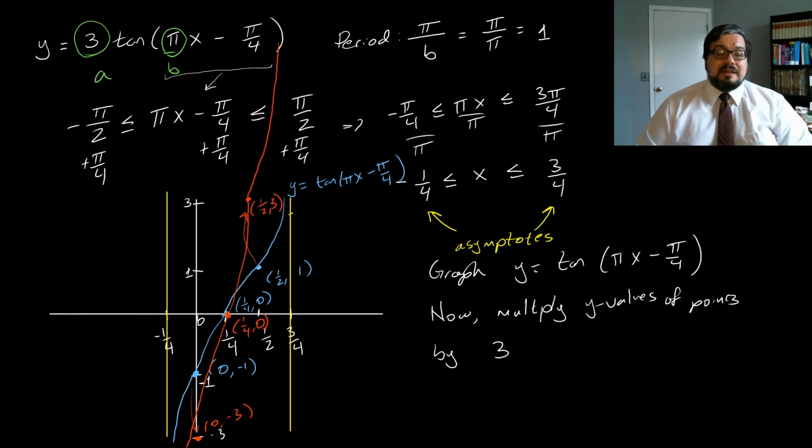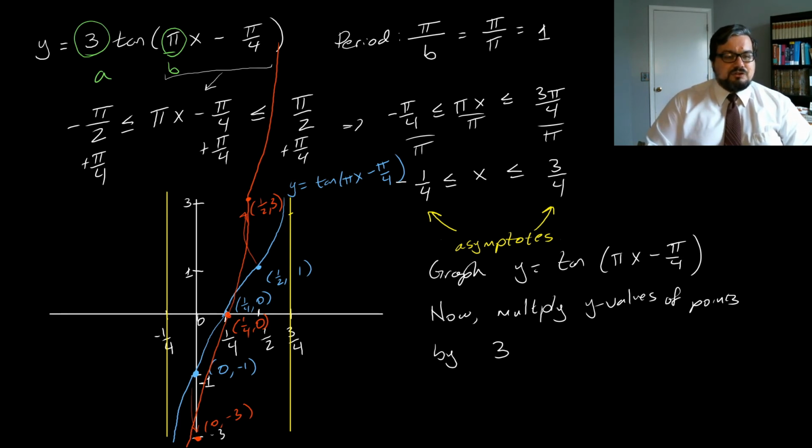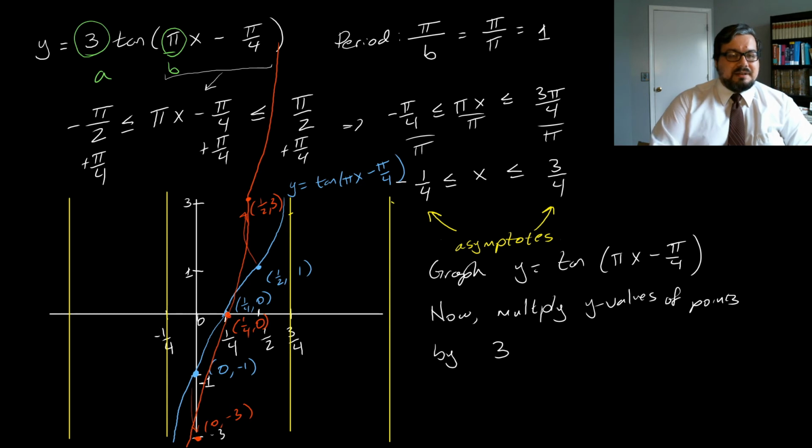The last step is to duplicate this, because this is just one period of this tangent function, and there are going to be more of them. There's going to be a bunch more as you move to the right and as you move to the left.